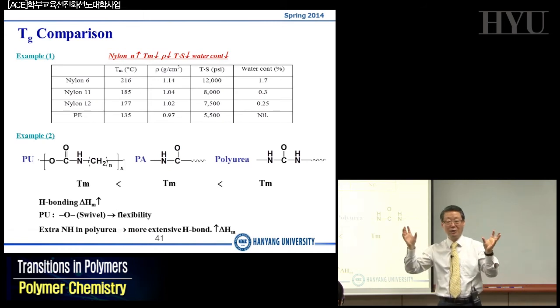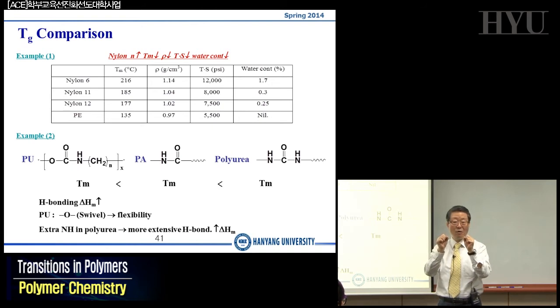Now, between this carbonyl and the amide NH groups, you can have a smaller number of methylene units or longer methylene units. If you have a smaller number, like nylon 4, you have a carbonyl and an NH group which may form hydrogen bonds with each other, right?